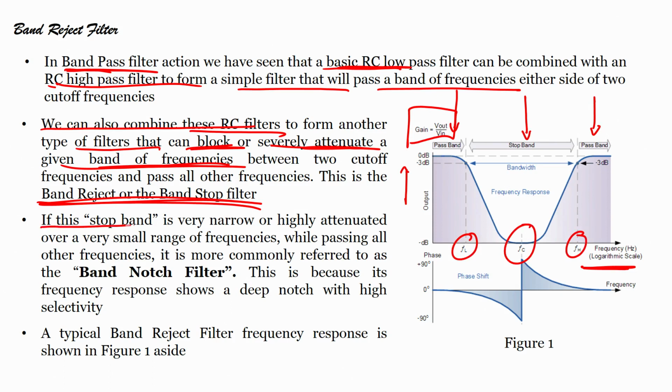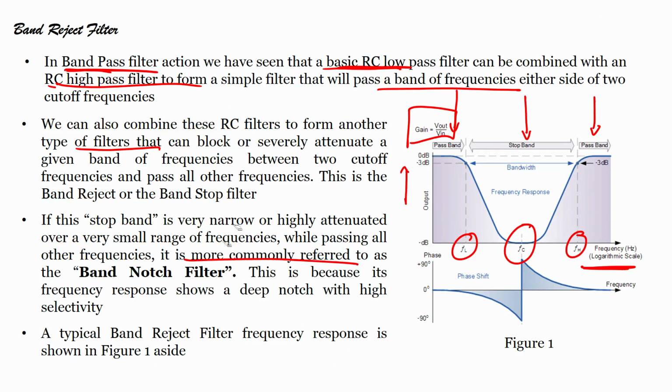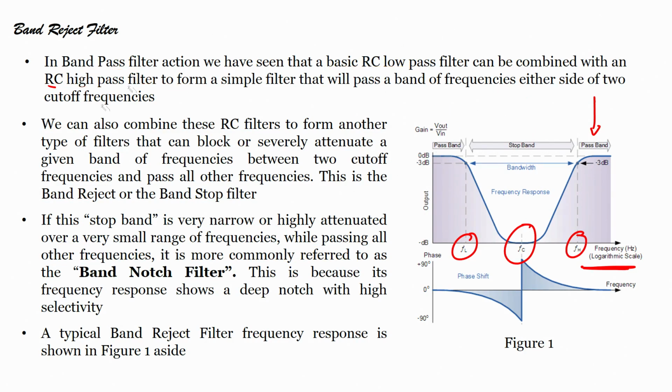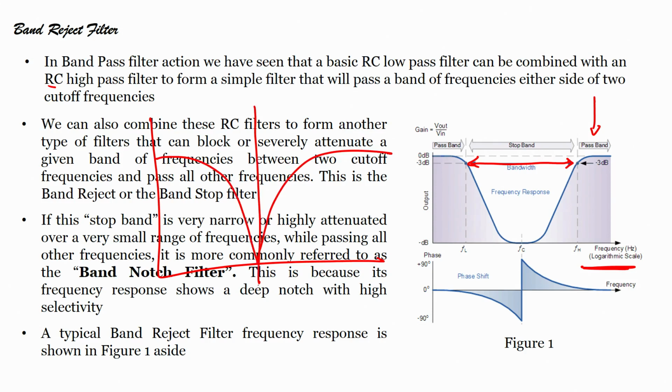This is your central frequency. So, if this stop band is very narrow or highly attenuated over a very small range of frequency while passing all the other bands, it is more often referred to as a band notch filter. What does that mean? It means that instead of having this bandwidth, if I have a very narrow band like this, then it is called a band notch filter.